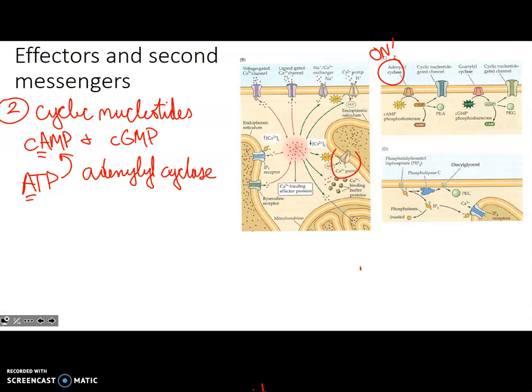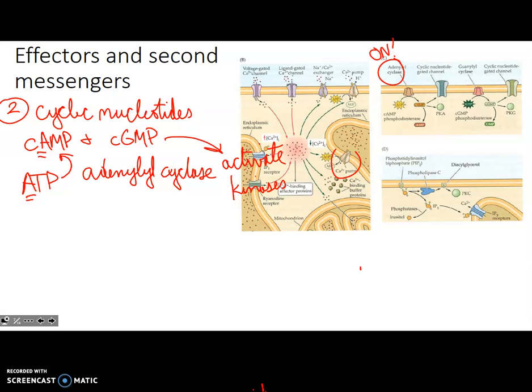What happens now that we have cyclic AMP? Why is that a big deal? Because it can work through downstream second messenger targets, right? So cyclic AMP isn't the end of the pathway, and cyclic GMP typically isn't the end of the pathway. These things activate kinases. We'll talk a lot about kinases, right?